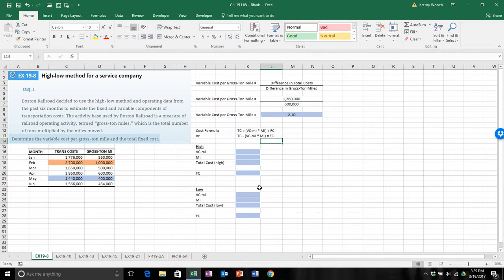What we're looking for here is the fixed cost. So the easiest way to do this is to rearrange our formula to solve for fixed cost. So fixed cost is going to equal the total cost minus the variable cost.